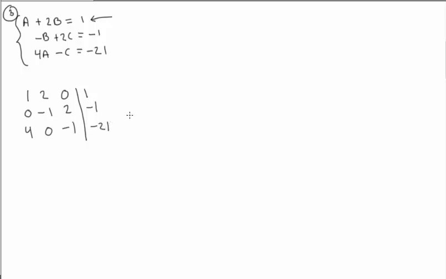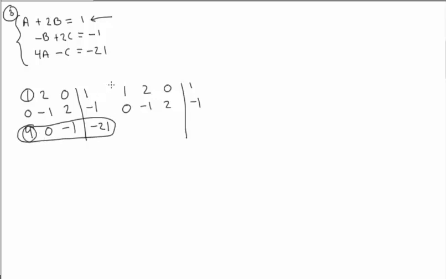So let's see if you can remember how this works. Here's a 1. It's already a 1, so that's desirable. We have to make this 0, and it already is, so I'm pretty happy about that. So I'm going to affect this row because I have to make this a 0.